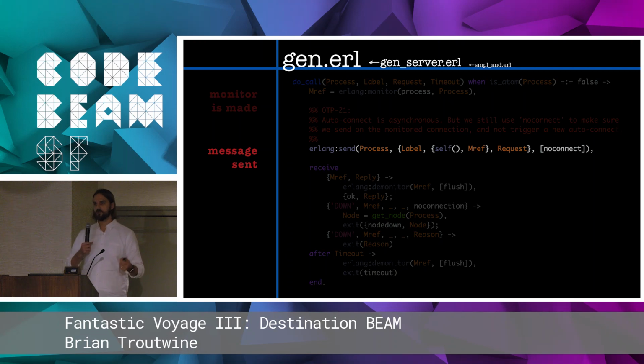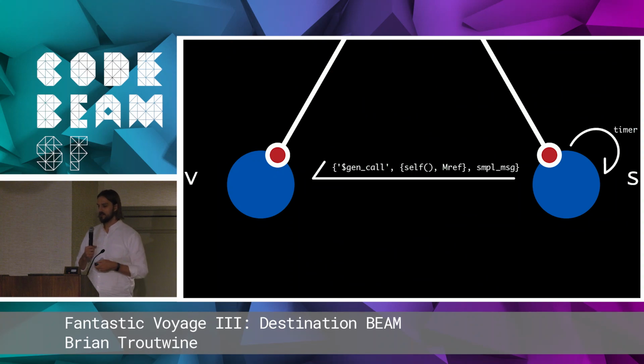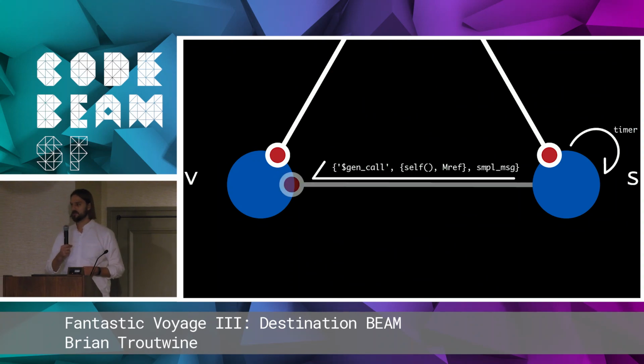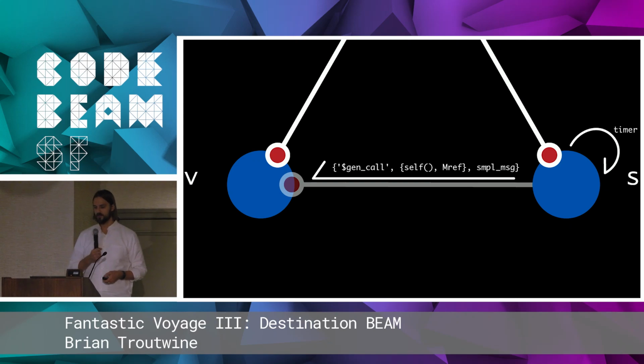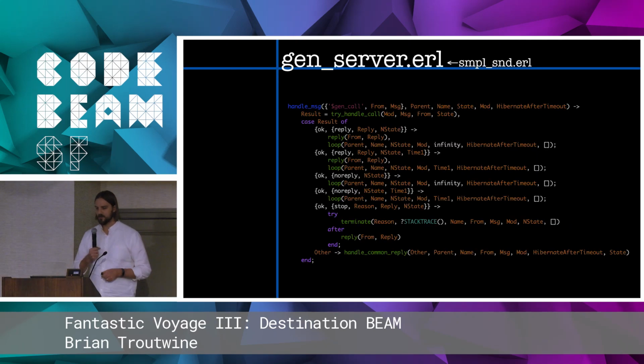Because if you recall, Gen server call allows the sent process or the receiving process to send you a response back. And then no connect is something we'll just totally ignore. So here is the same diagram. Simple Send is sending Simple Receive, but we left a part out because there's actually an implicit monitor here that we don't control.